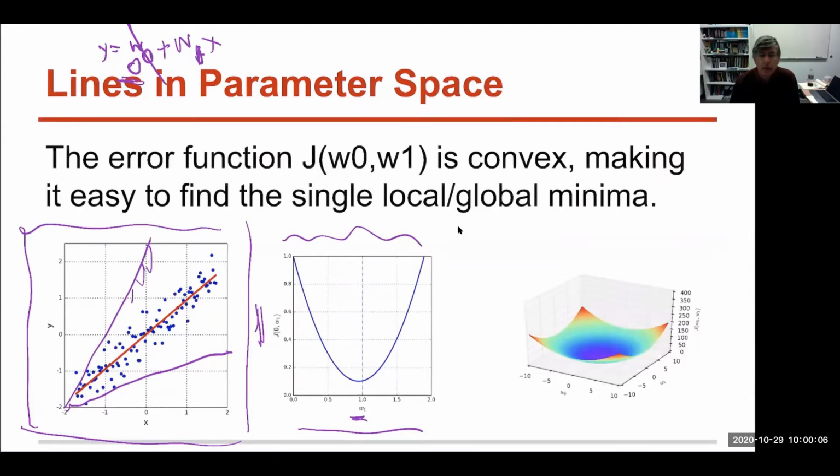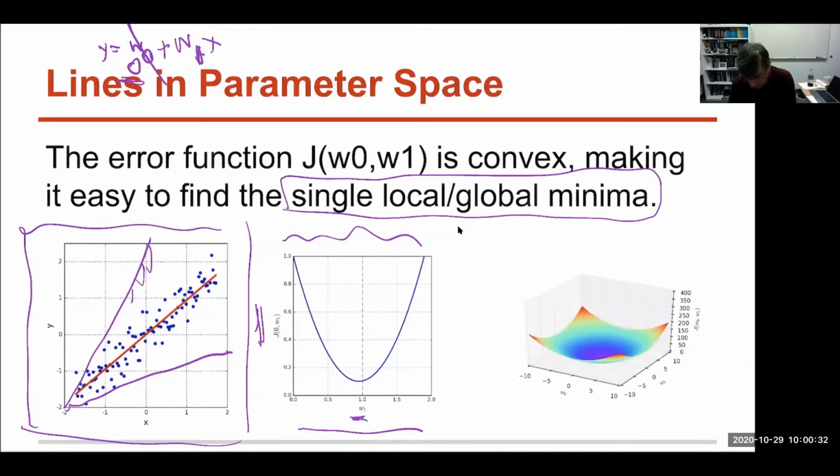Convex functions you studied when you took calculus. They have a lot of interesting properties. The most important one for our purposes is that there is a single local minima in this function, which means that the local minima is the global minima.